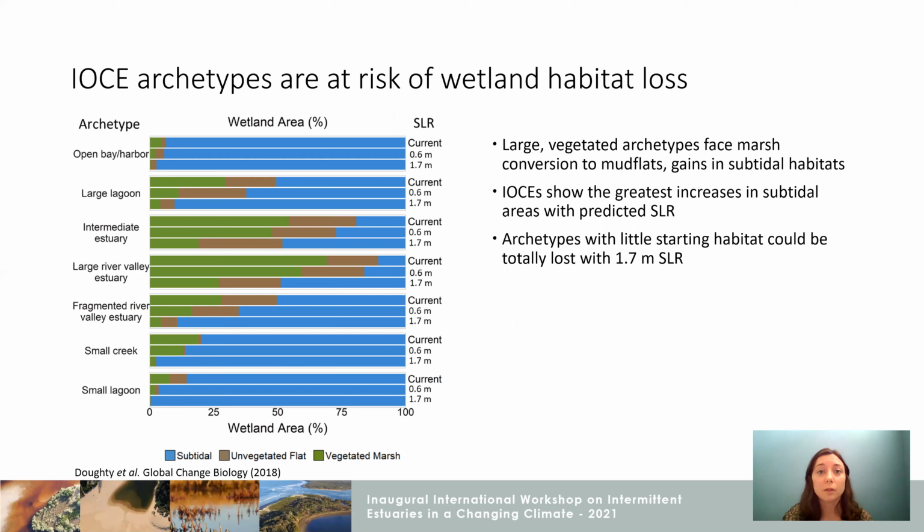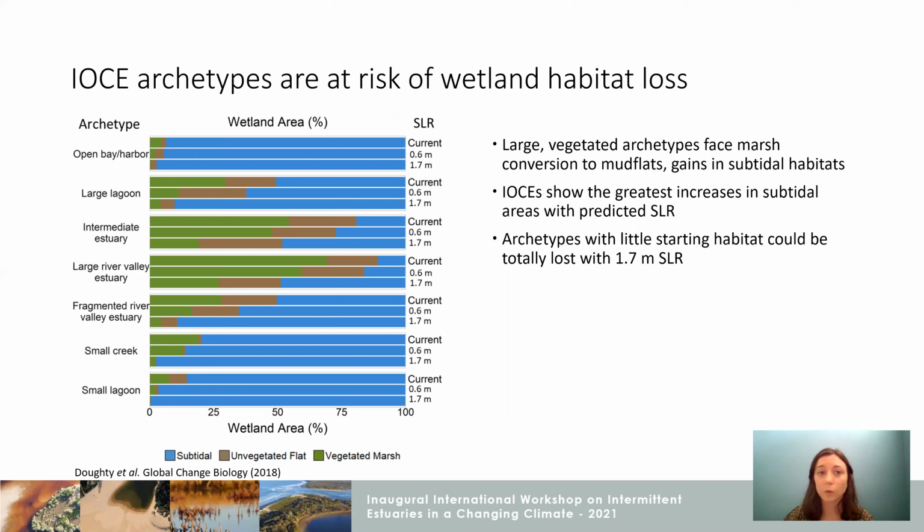Now, incorporating this modeling effort on IOCEs provides us with a better understanding of how vulnerable these systems are and how vulnerable all the systems are throughout this large geographic region. And it really provides us with a holistic perspective of risk that allows us to better plan for and adapt to a future of climate change.